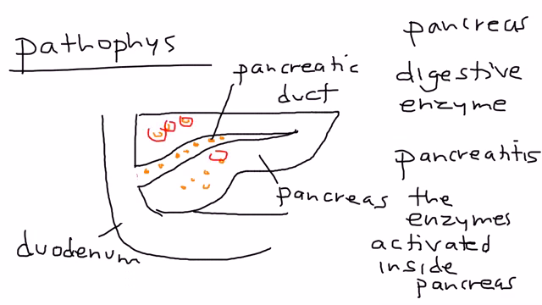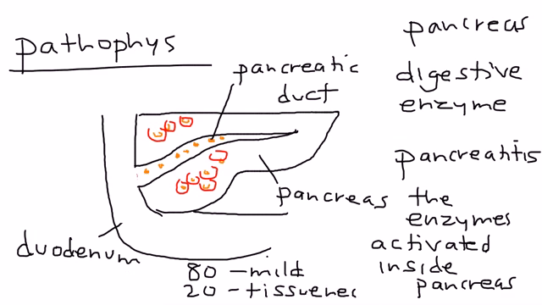You have these active enzymes that are damaging the actual tissue of the pancreas. Now, 80% of the time, this just causes some mild inflammation, but 20% of the time, it can cause tissue necrosis. And those are the most severe cases, of course.